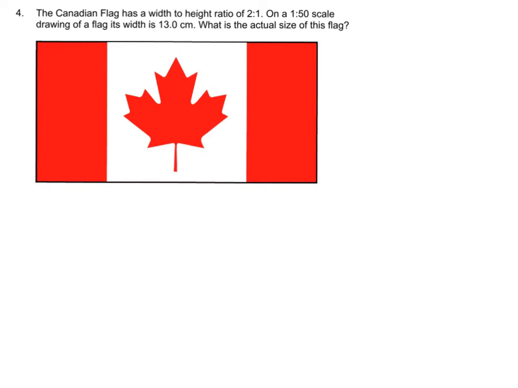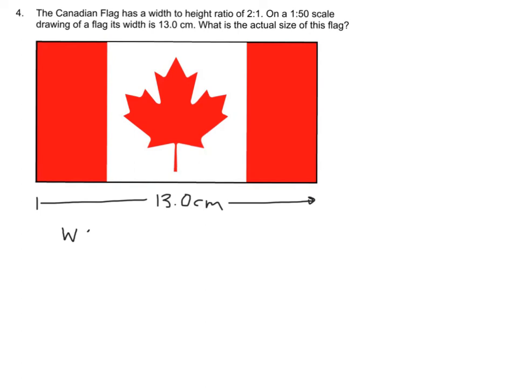So what is this telling us? What this is telling us is that in the drawing here, this width of this flag is 13 centimeters, okay? That's the width right here. We also have to figure out what the height of this drawing is, right? I mean, if the width is 13, they also give us a scale width to height ratio. And remember the width to height ratio in the first sentence.